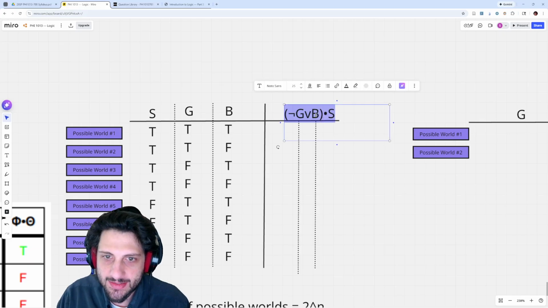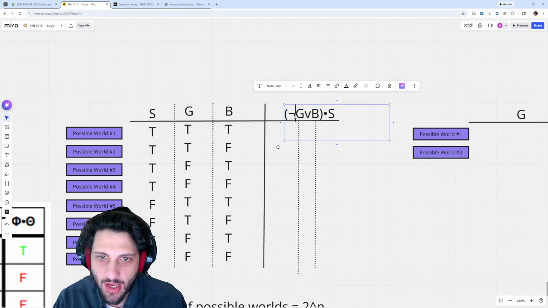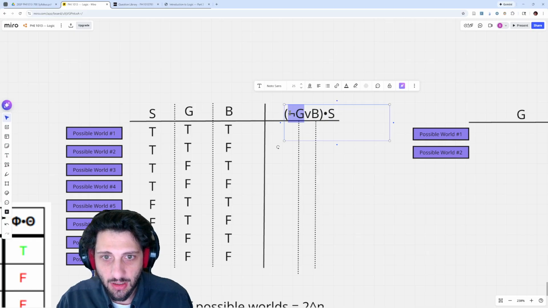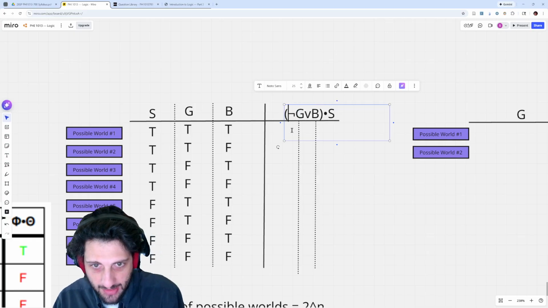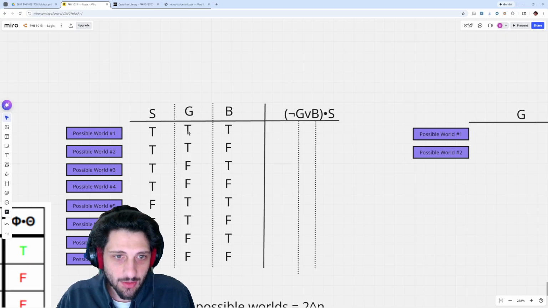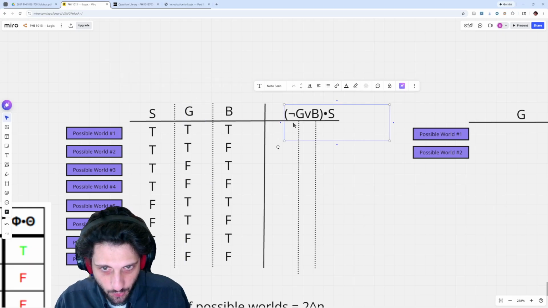So then I move inside the parentheses, right? And I ask, okay, in order to know the value of this or, I need to know the value of B as well as the value of not G. And so before anything else, I need to figure out what's the value of not G. And so we can do this world by world again.